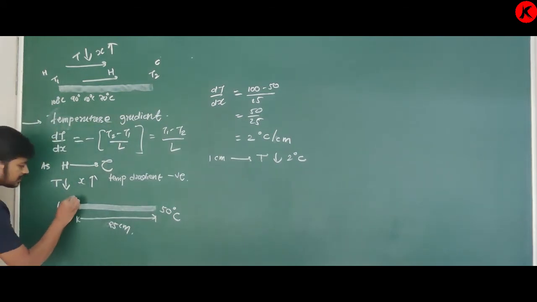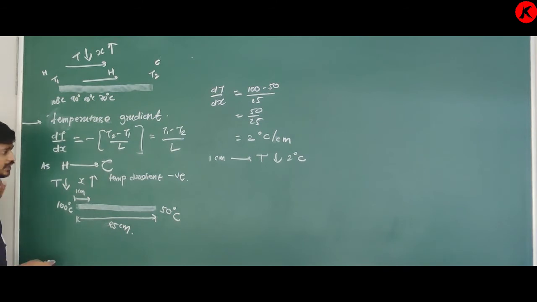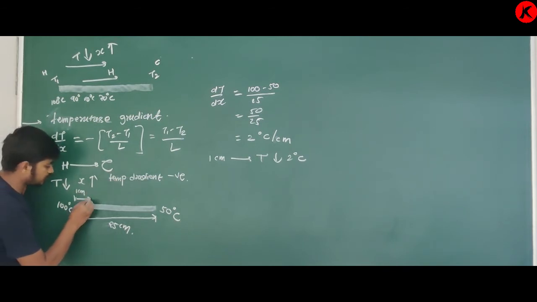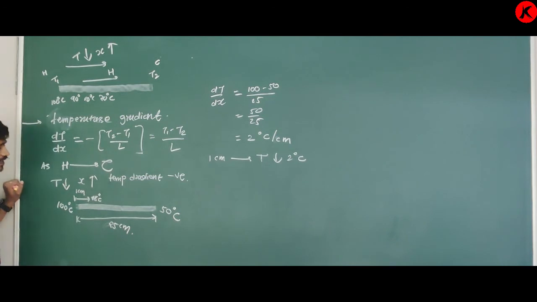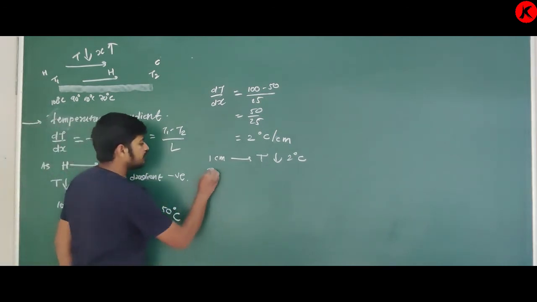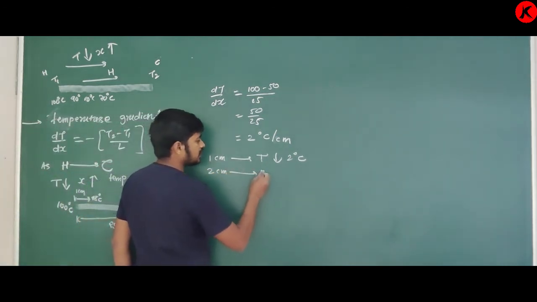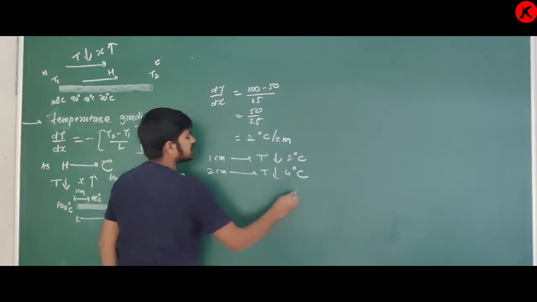So from here, at 1 centimeter, what will be the temperature? It will be 98 degrees Celsius. If we move 2 centimeters, then temperature decreases by 4 degrees Celsius.